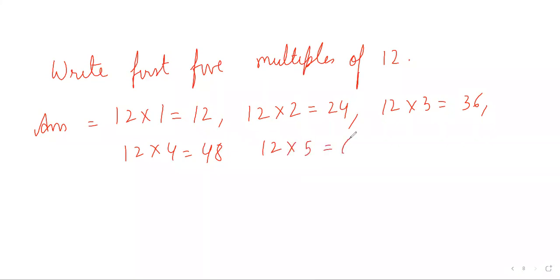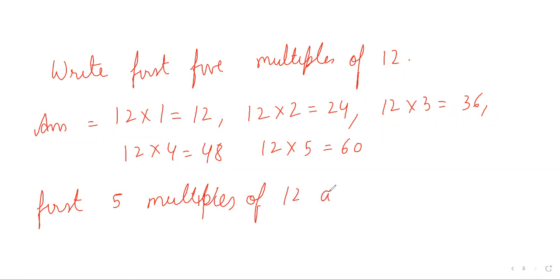Correct. So final answer we can write: first 5 multiples of 12 are 12, 24, 36, 48 and 60.